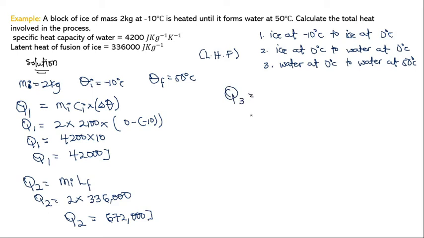Now let's look at the final heat energy involved, so Q3. Now the final energy involved in this process, we are converting from 0 to 50, so it will be the mass of water, specific heat capacity of water, and then change in temperature of the water. Now the mass of the water, we assume, is still the mass of the ice, provided no matter was lost during the conversion of ice to water.